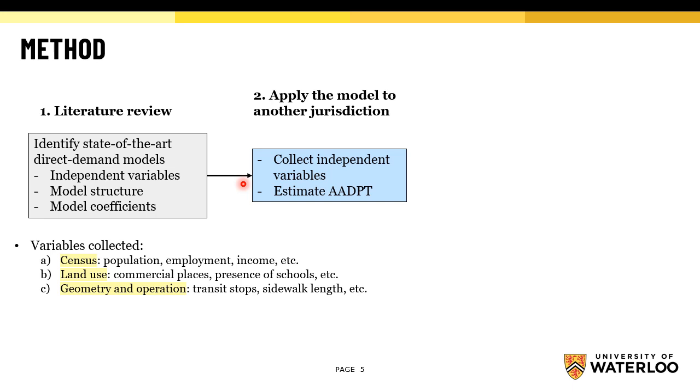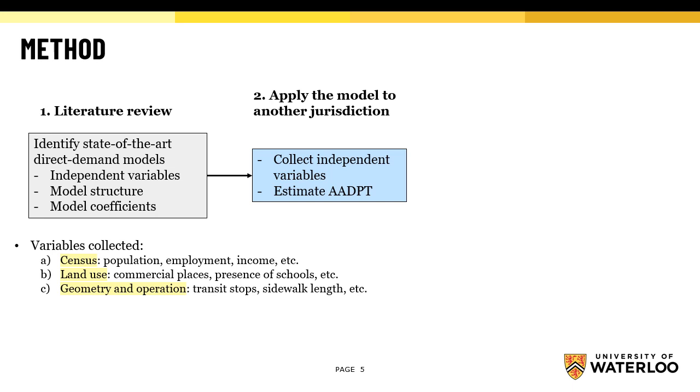Just to provide a notion of the types of variables that are usually seen in these types of direct demand models, we have basically three categories of variables. The first one is census based, like population density, employment density, household income. We also have land use features like commercial places, presence of school, and geometry and operational features like presence of transit stops or the sidewalk length.